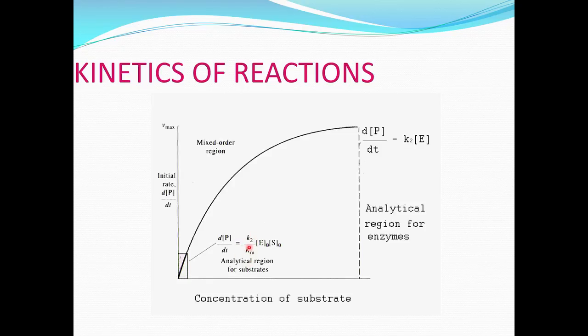I have written a general reaction here, and this is a mixed order. It is not a single order, it is not first order or second order, but a mixed order reaction. So, very simple example for enzymes. This kind of curves are available in the data section of several databases, and you can look up the methods for such reactions.